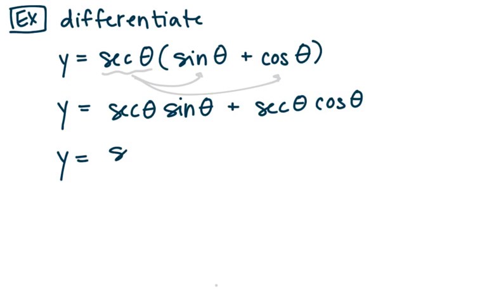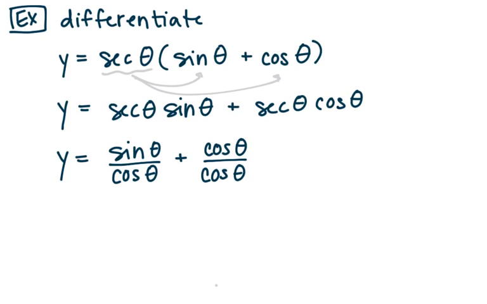So this is the same as writing sine theta divided by cosine theta, because secant's 1 over cosine, plus cosine theta divided by cosine theta. Sine over cosine gives me tangent theta, and cosine over cosine gives me 1.